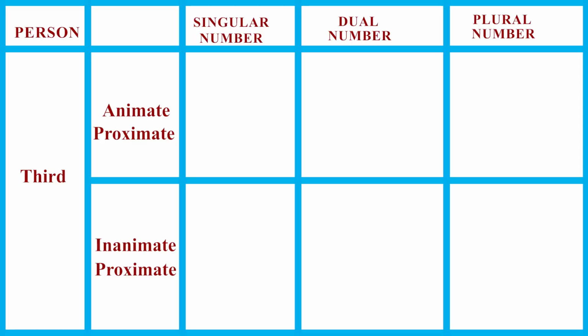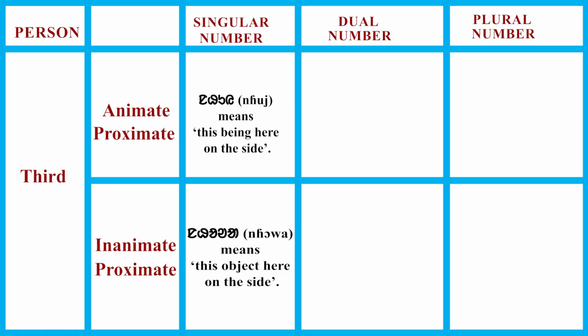Look at the forms. Third person animate singular number in proximate: Nui means this being here on the side. Third person inanimate singular number in proximate: Noa means this object here on the side.